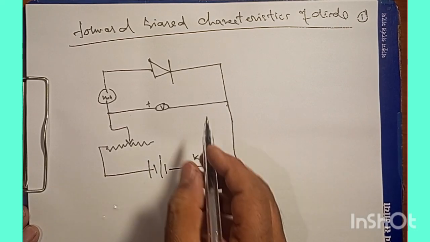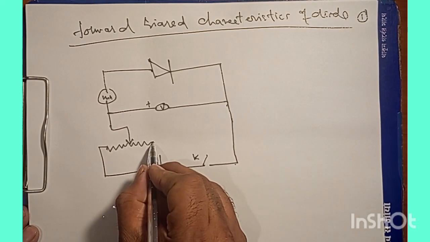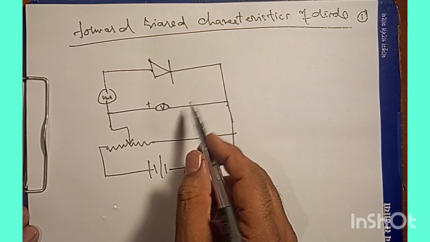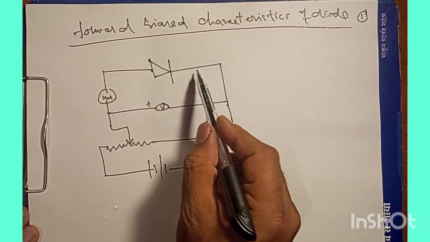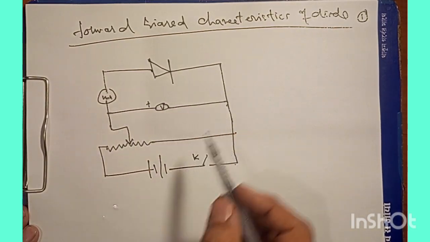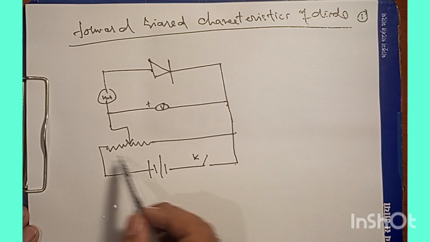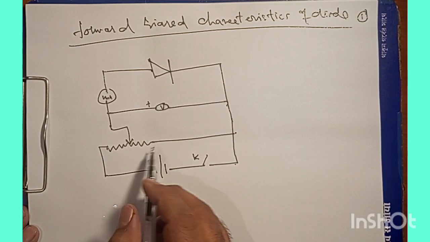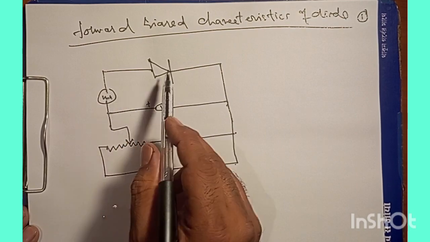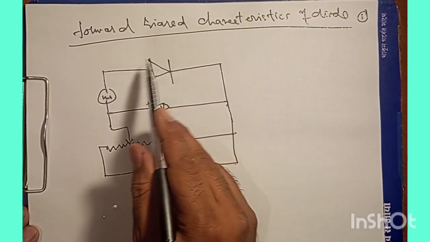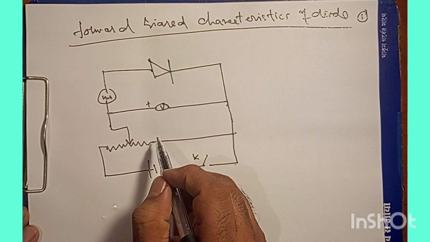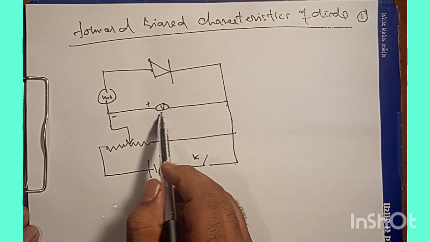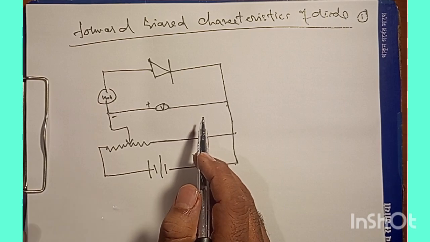Now here we will join it like this. Now we have a situation here, and we have a PN junction, and we have a rheostat by virtue of which we can start from 0 volts and measure the current that's developed across this PN junction, and at the same time we can calculate the voltage.